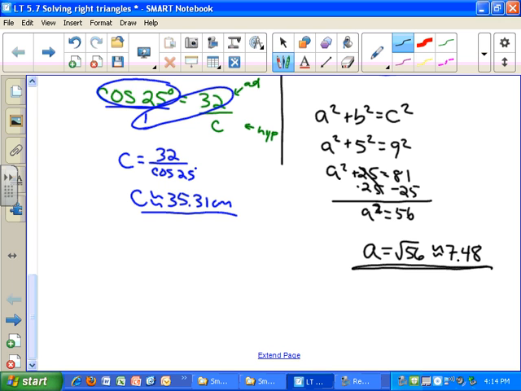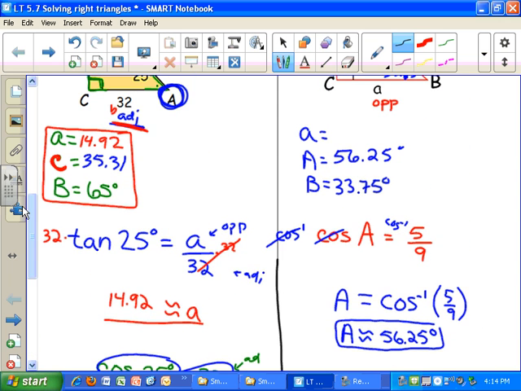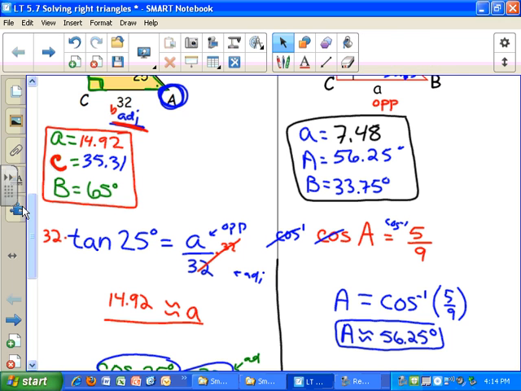So that's the type of thing where if I say, leave your answers exact, your answer would be exactly square root of 56. If I say round to 2 decimal places, you could say it's 7.48. And we will do the last example on the next page in the next video.